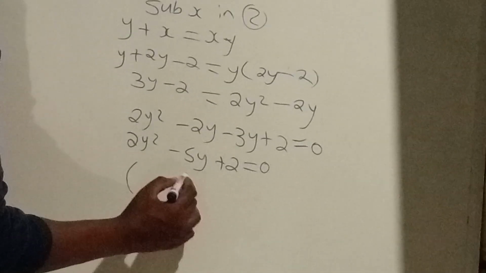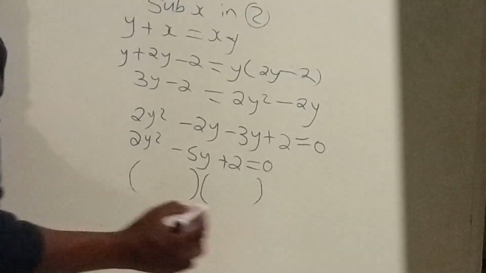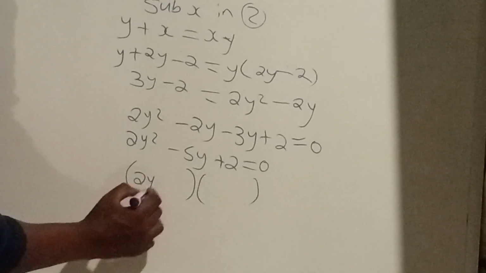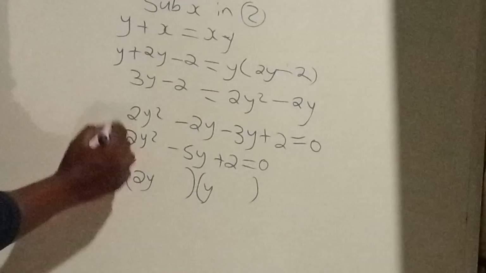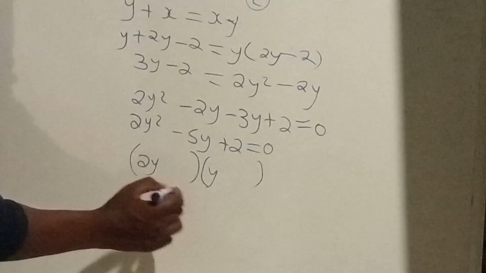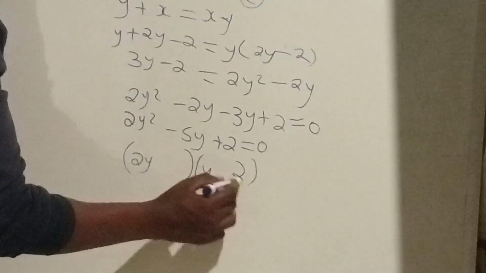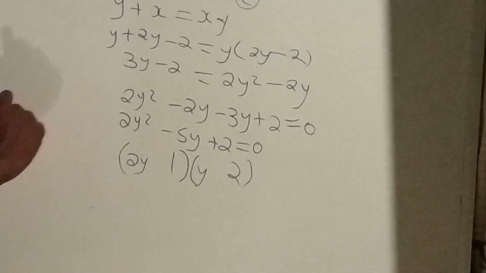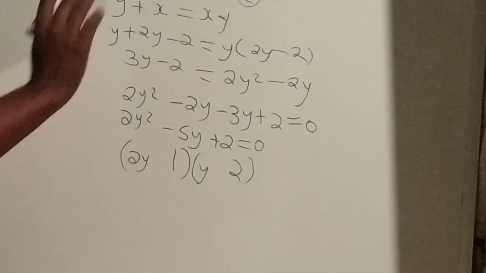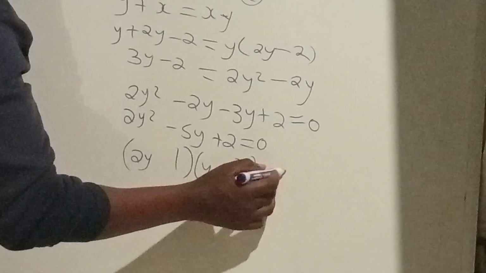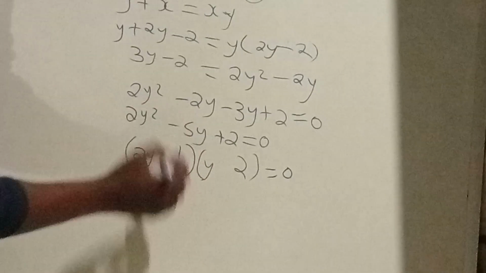We open two brackets, and what do we say? We've got 2y times y, which will give you 2y squared. What are the factors of 2? It is 2 and also 1. Now what does the principle state? It states that the bigger number must take the sign of the middle term.